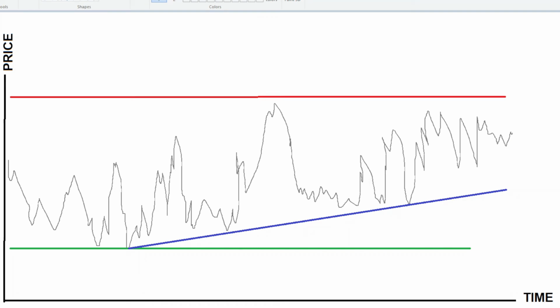Now that we know the very basics of support and resistance, how could we use that? Well, for one thing, if the stock gets anywhere near down here into the support levels, I would want to buy some. And I should know that the higher it gets and the closer it gets to the resistance, the more at risk I am of losing money, so I may want to sell or take profit. So I can swing this stock.